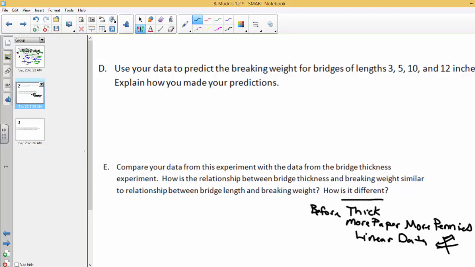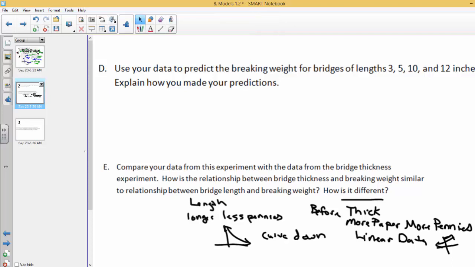This activity was on length. And the longer the bridge, the less pennies it held before it broke. So we got some data that was going down, and it was a curve. So that's a lot of ways it's different.